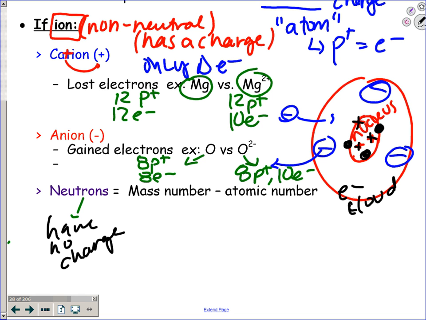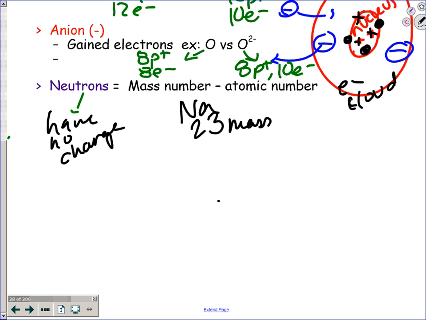So if I have, what's the average mass of sodium? 22.99, right? But I'm going to round that to 23 to have a mass of a full integer, so we'll talk about why that is in a second. But if I have a mass of 23, that's made up of two subatomics, protons and neutrons.